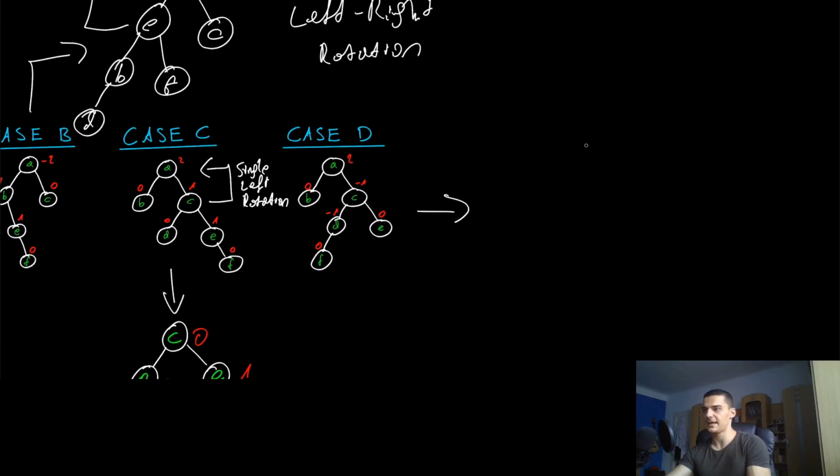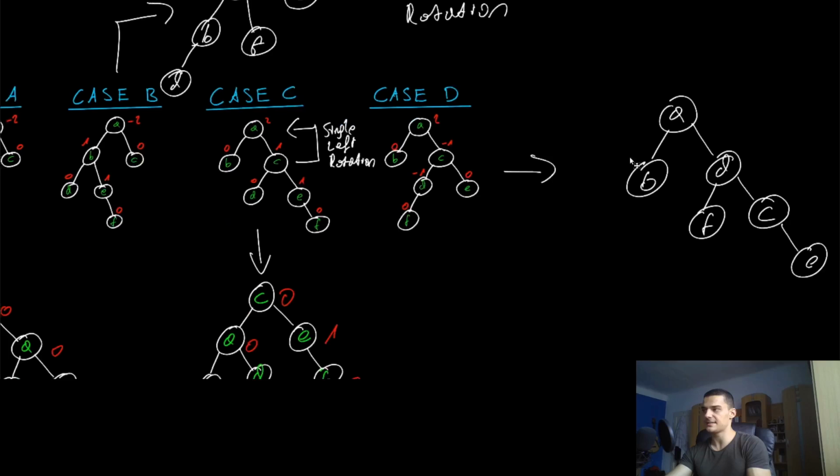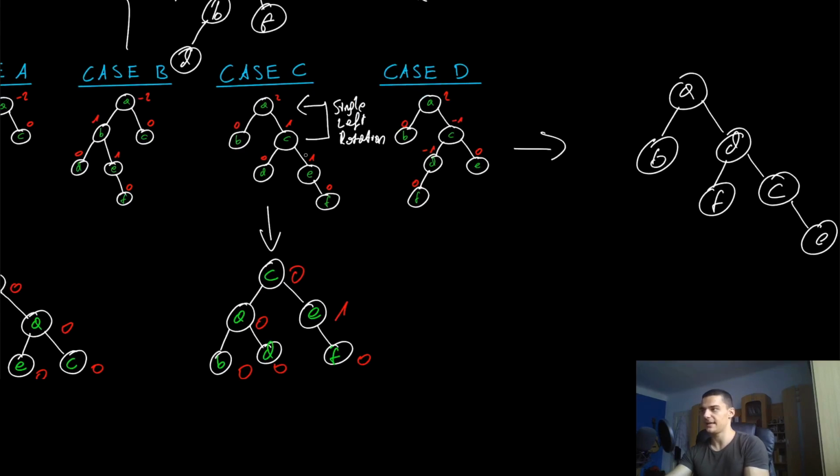So in this case, again, without any colors, A would still be the root node. Now here we would rotate D and C, so we would get D as the node here, then C as the node here, E as the node here, then we would get F here, and then we would get B here. And as you can see, this is the exact same structure that we had in case C, even though the letters differ, but it doesn't matter.